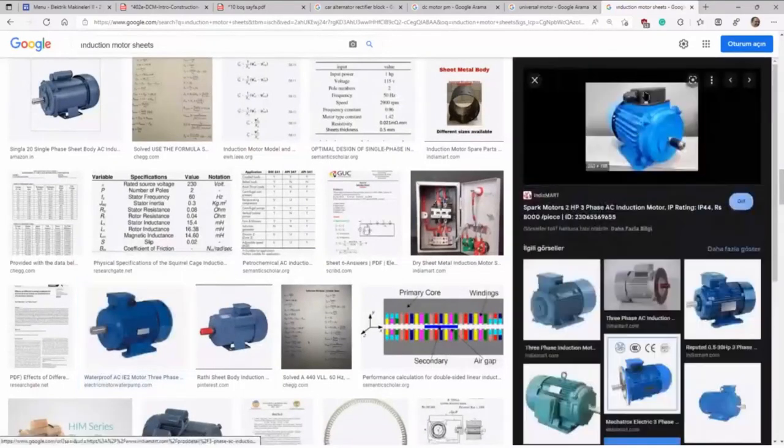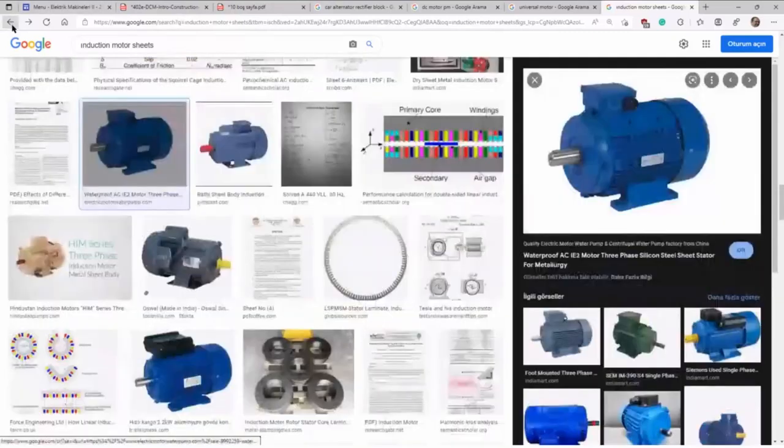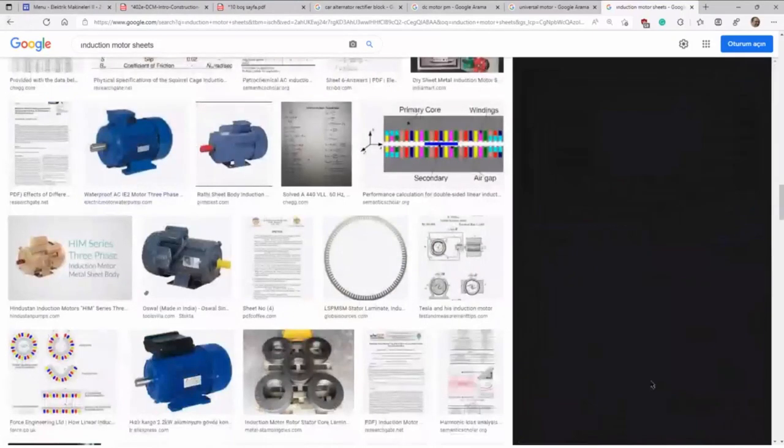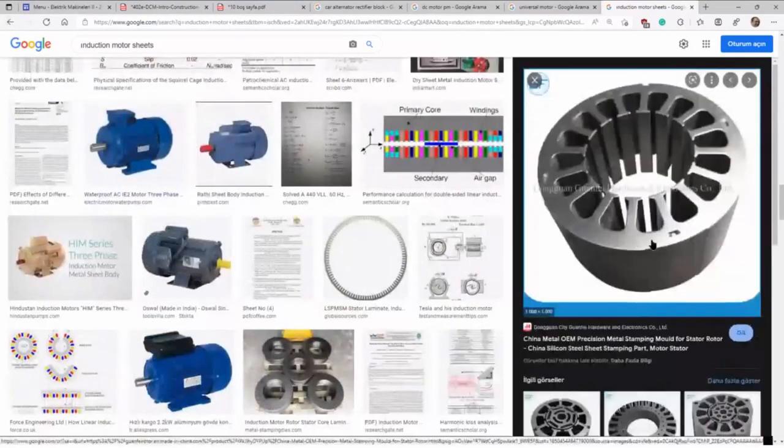Frame will be made of aluminum, will be made of cast iron, but it is not required to have ferromagnetic material, because magnetic field lines complete its circuit in stator sheets. Let's say magnetic field passes through here in rotor and completes its circuit like this or like this.